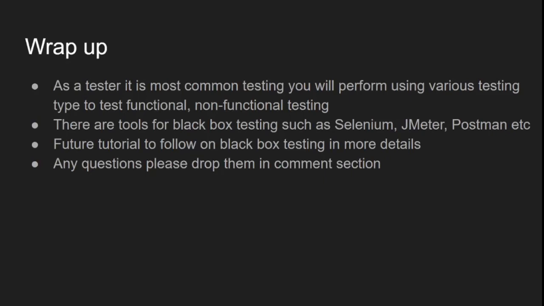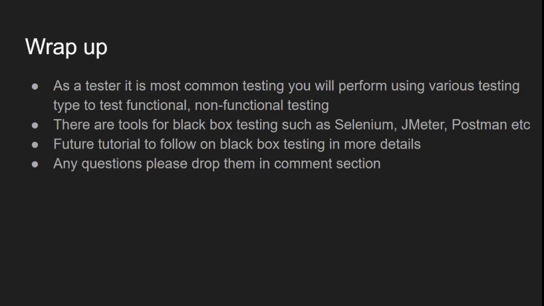To wrap this up, as a tester, it is a common form of testing which you will be performing using various types. So you've got functional testing, non-functional testing, regression testing, as well as various techniques such as boundary testing, decision tables.